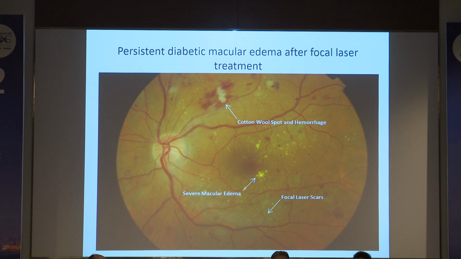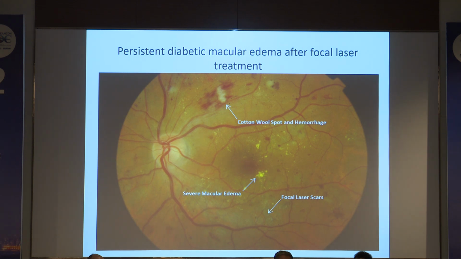See, there are two different words. One is called CSME, that is clinically significant macular edema, and the other is non-CSME, non-clinically significant macular edema. So where the focal has been done, this would have been a non-clinically significant macular edema. It would have never affected the vision. So when we talk of fovea-involving macular edema, there could be two different scenarios.